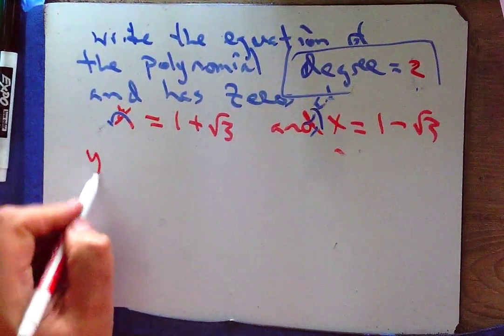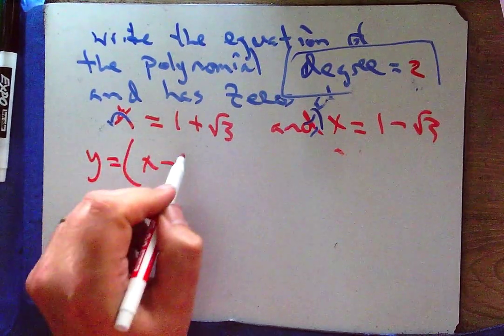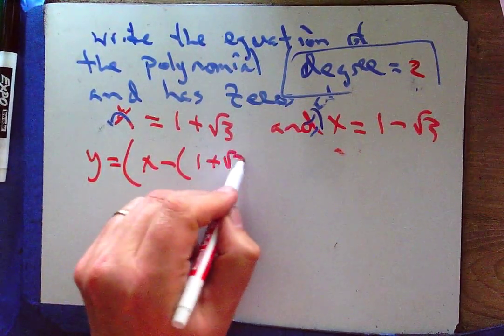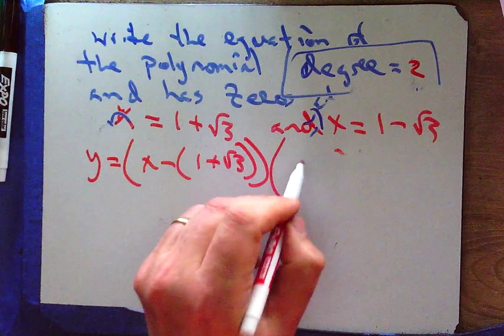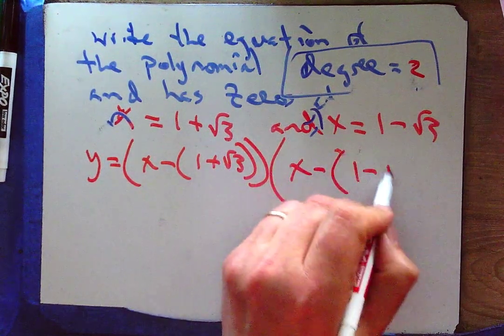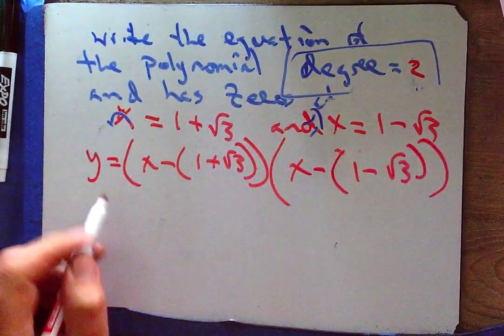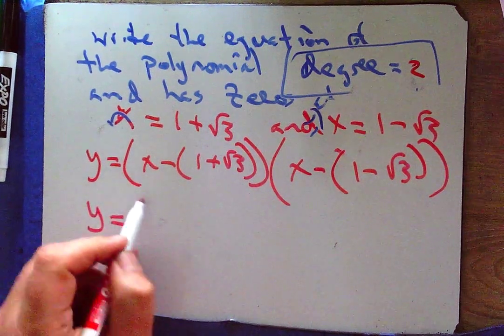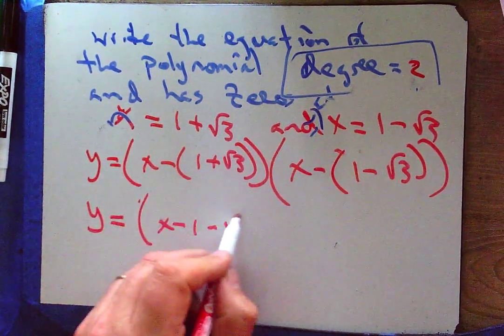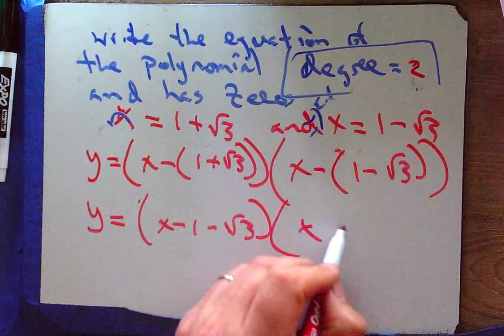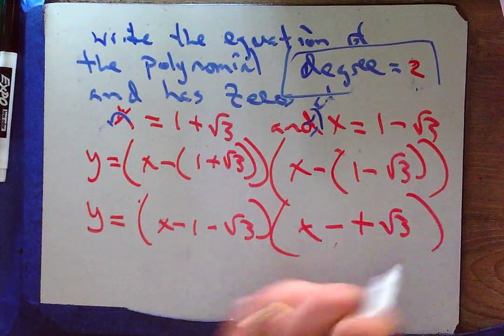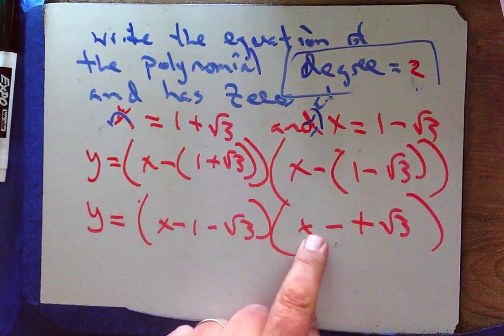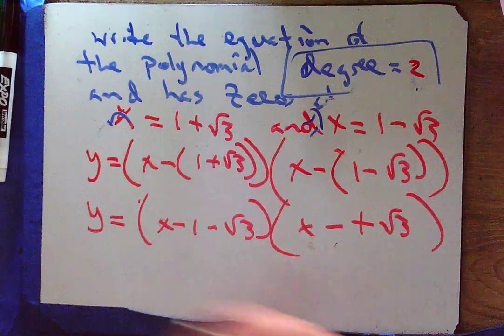They just want me to say y equals x minus the first x-intercept times x minus the second x-intercept. That's it. So I get y equals x minus 1 minus root 3, x minus 1 plus root 3. Please don't waste your time foiling this in these problems, please.